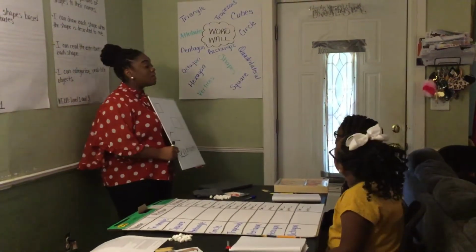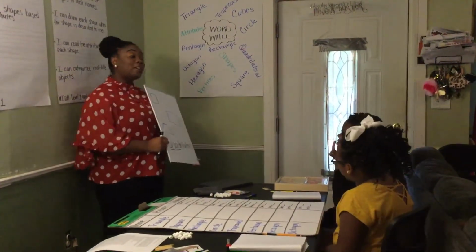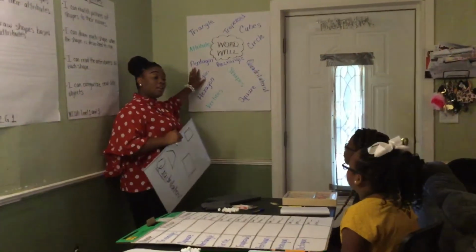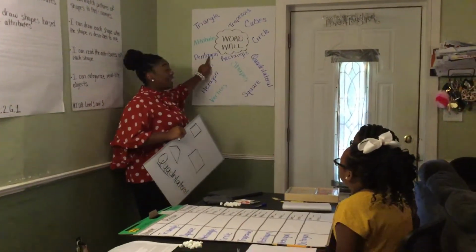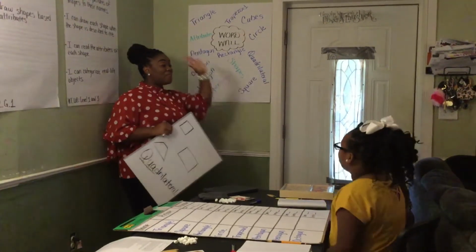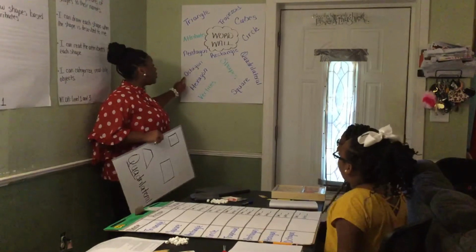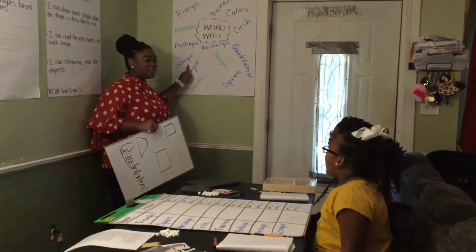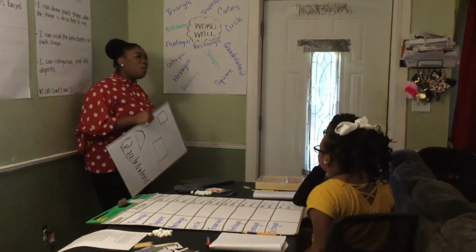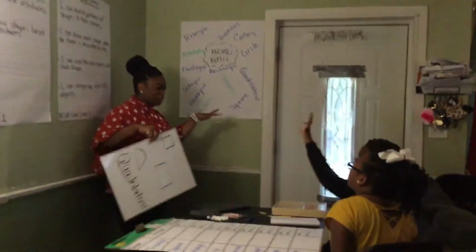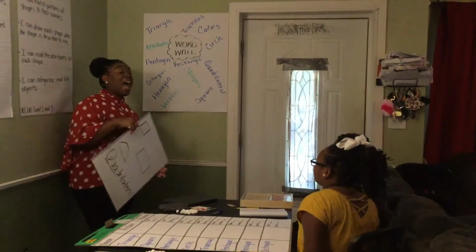Now the other shapes had some unique prefixes too. Pentagon. The word penta means 5. Good job. Octagon. The word octa means 8. What animal has 8 tentacles? Octopus.